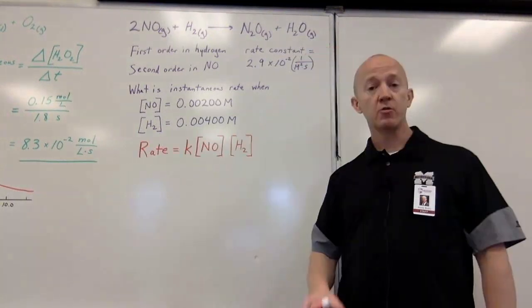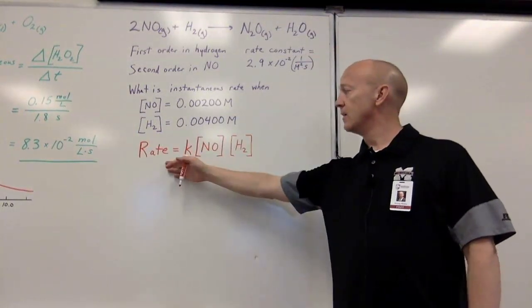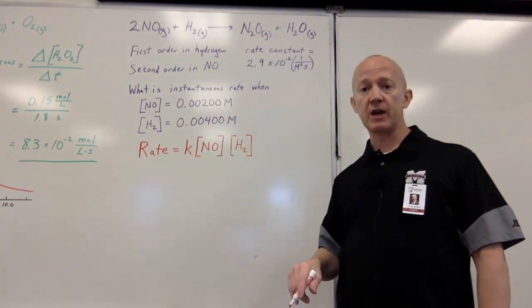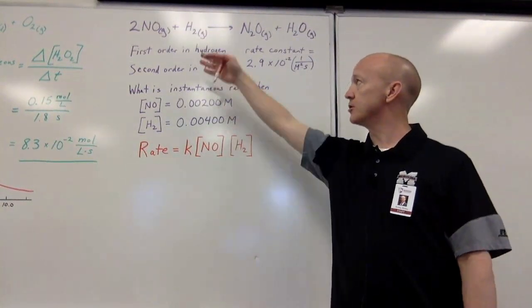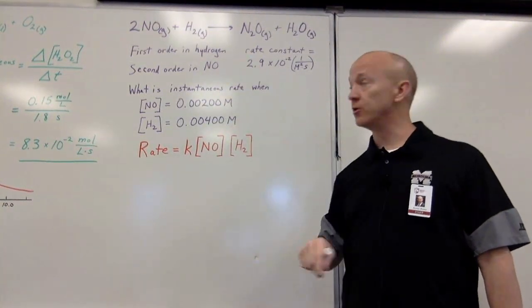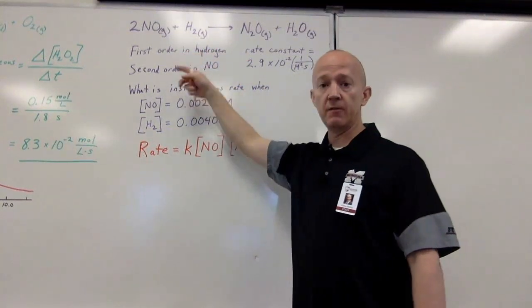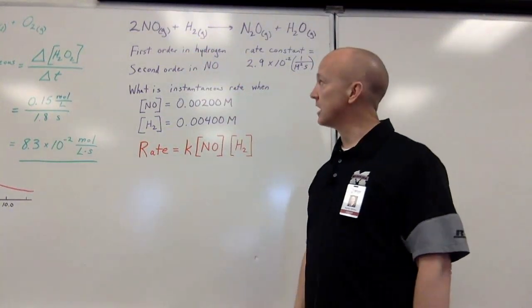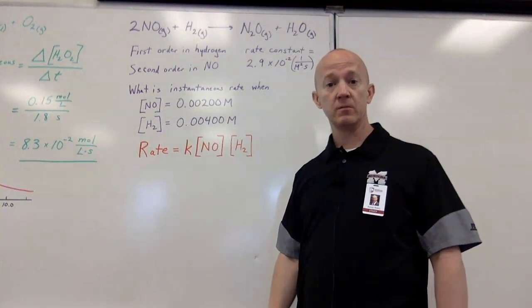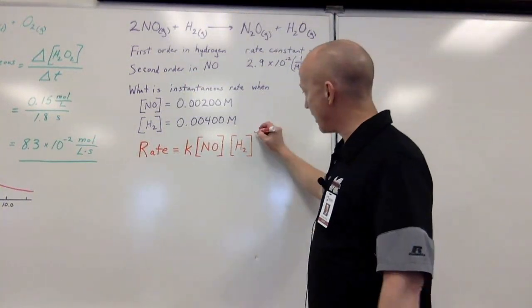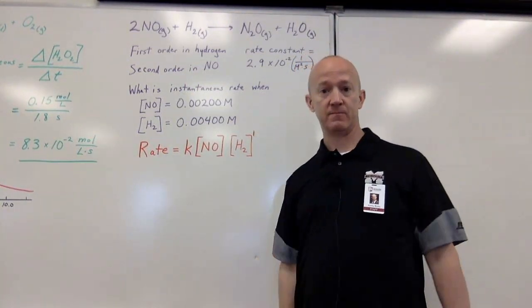Let's take a look. Okay, so I've made a generic rate law for this reaction using my reactants in question. The first thing I do is I take note of the orders that they give me. They tell me that it's first order in hydrogen. What does that mean? Hydrogen to the first power.